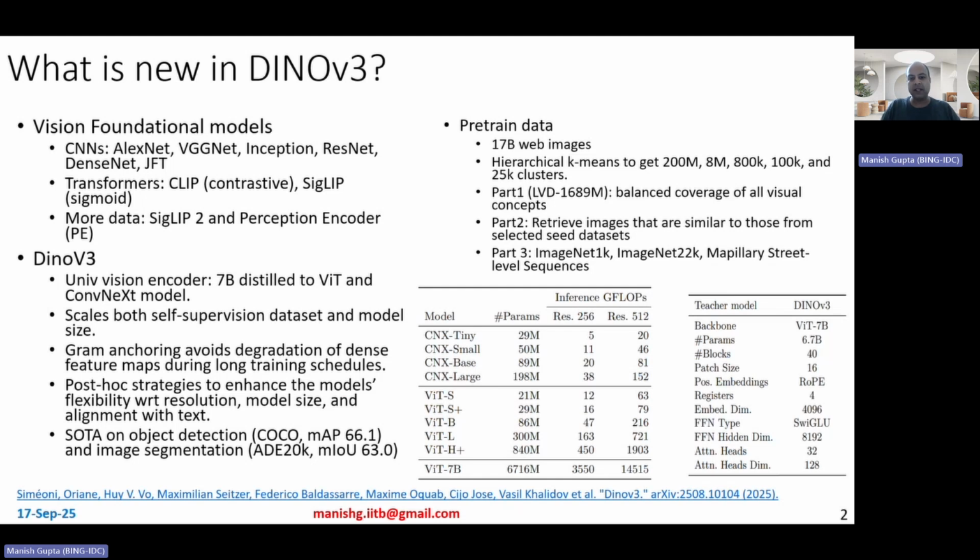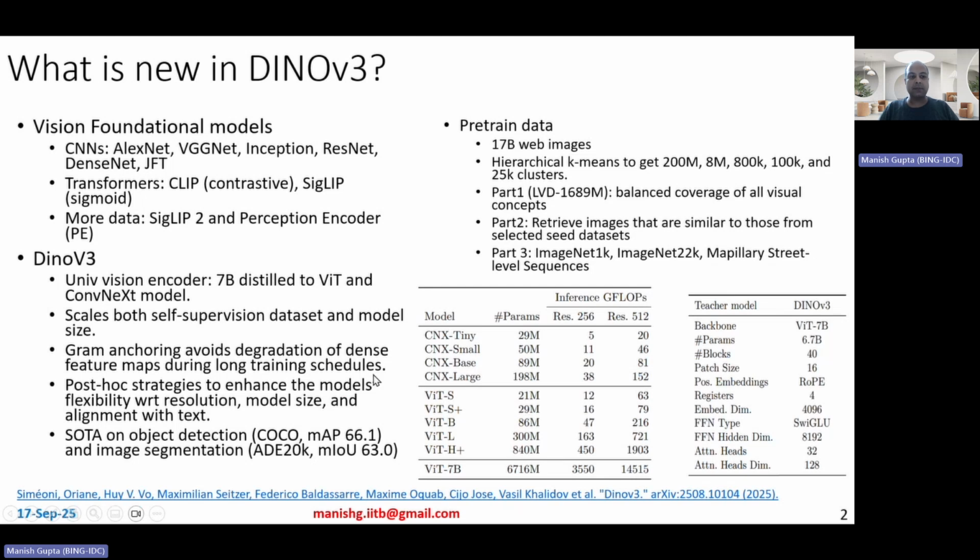As you can see from this table, the ViT 7 billion is the largest in size, and then there are 4 ConvNeXt models, tiny, small, base, and large, and there are 5 Vision Transformer models of different sizes that you see here. So that's that.